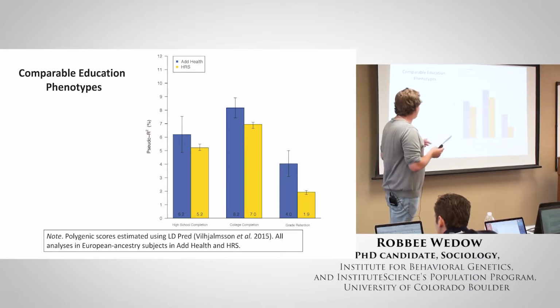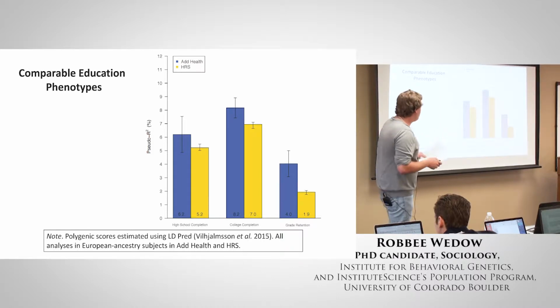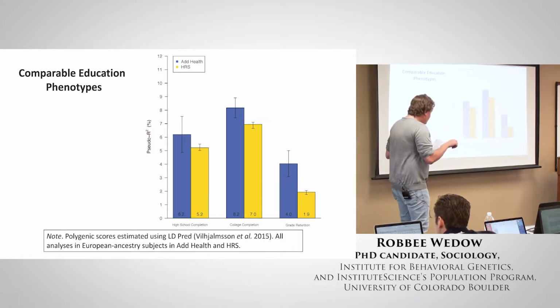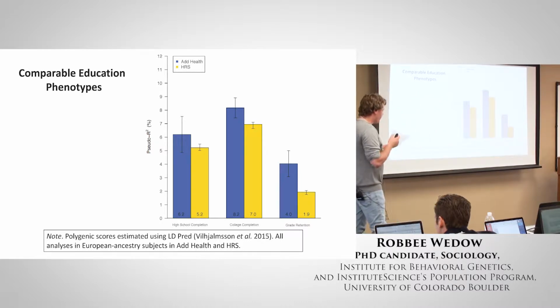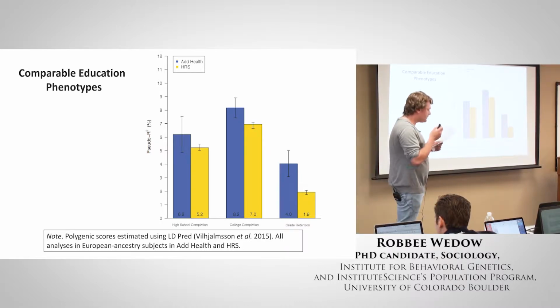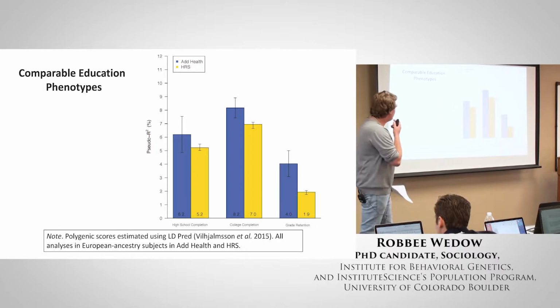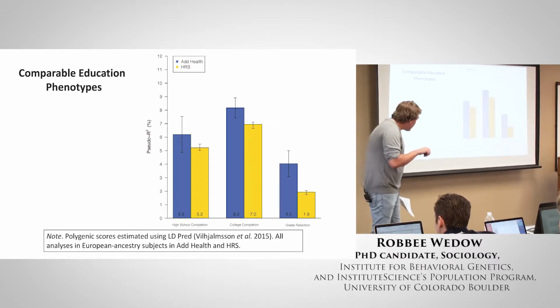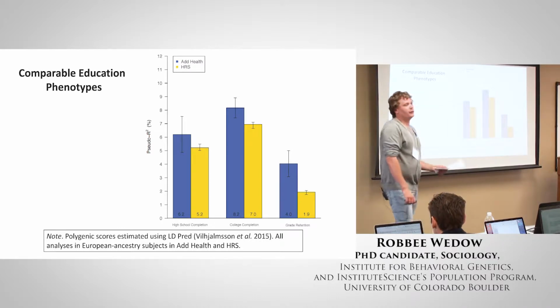Okay, so the phenotypes are on the x-axis, and on the y-axis they're plotted against the pseudo R-squared value, again a measure of predictive power. In both of our prediction cohorts, for all 3 of our phenotypes, the PGS is significantly associated with our 3 outcomes. For ease of visualization, at the bottom of each bar I've plotted the incremental pseudo R-squared value for each of the phenotypes. For AdHealth, in the blue bars, the predictive power is about 6.2% for high school completion, about 8.2% for college completion, and about 4% for grade retention.